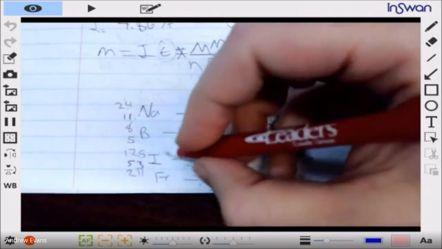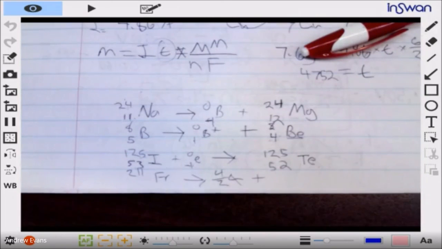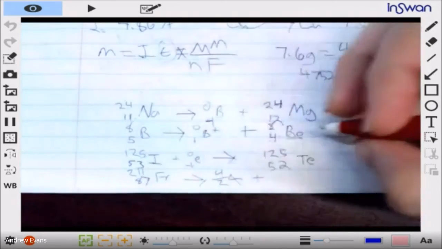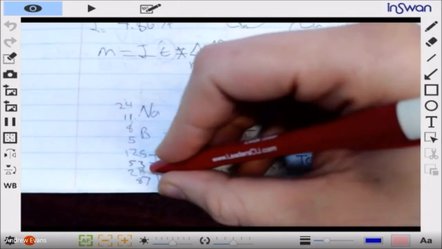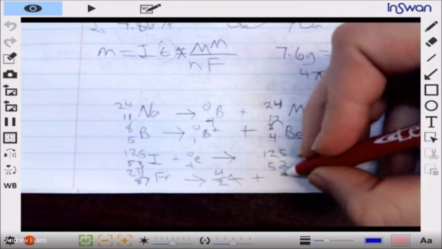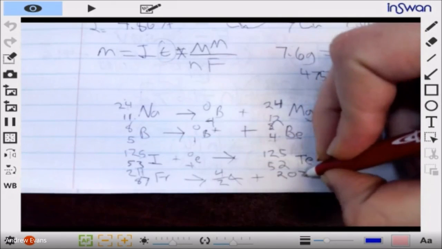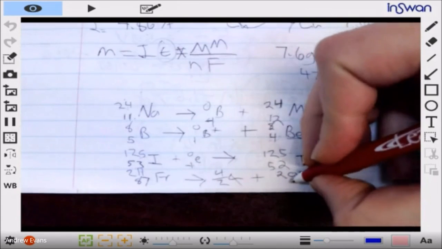And the last one, francium. Francium, 87. This drops the mass by 4. So 211 becomes 207, and it drops the proton count by 2, to 85.